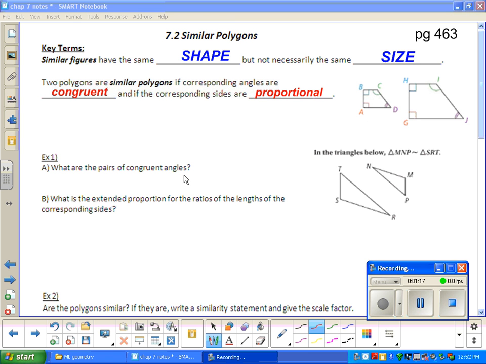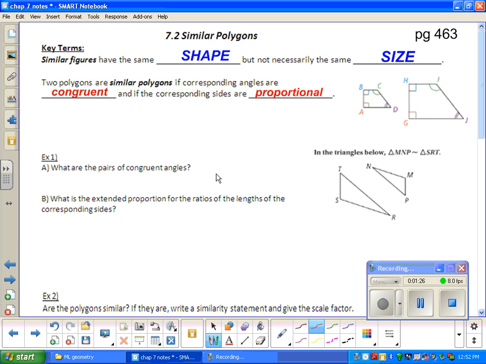So the first example, what are the pairs of congruent angles? This is when it asks you for a similarity statement. It wants you to tell what are the pairs of congruent angles.